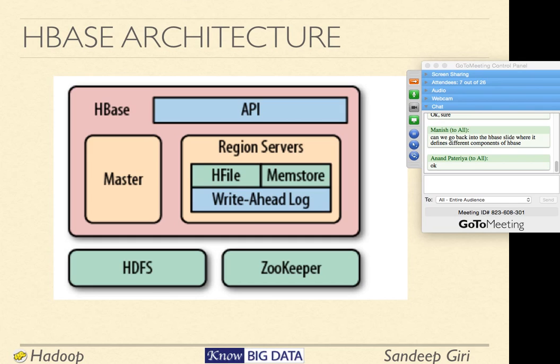HBase master and region server communicate with each other by way of a third party called Zookeeper. So HBase tells Zookeeper what it needs to tell the region servers, and region servers tell Zookeeper what they need to tell HBase.